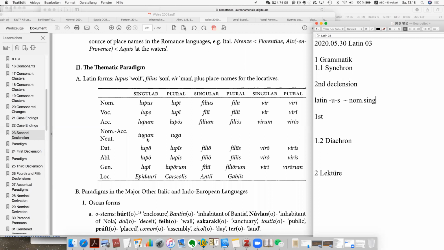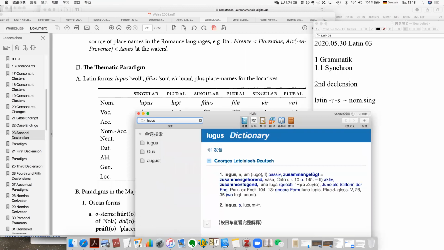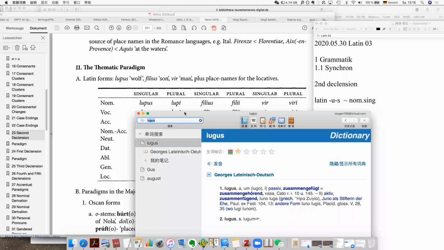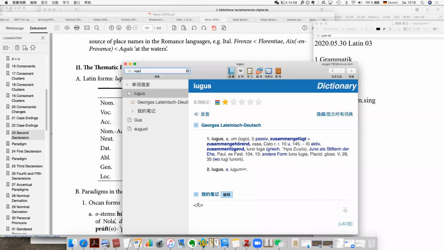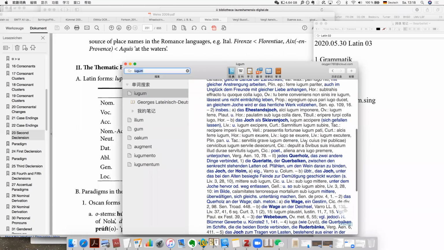We use another word called iugum. And iugum, of course, is a widespread word in Indo-European languages. It means, I think, yoke, something like that. To make sure, I can check it. Zusammengefügt. Sorry, Joch. In German it's called Joch.